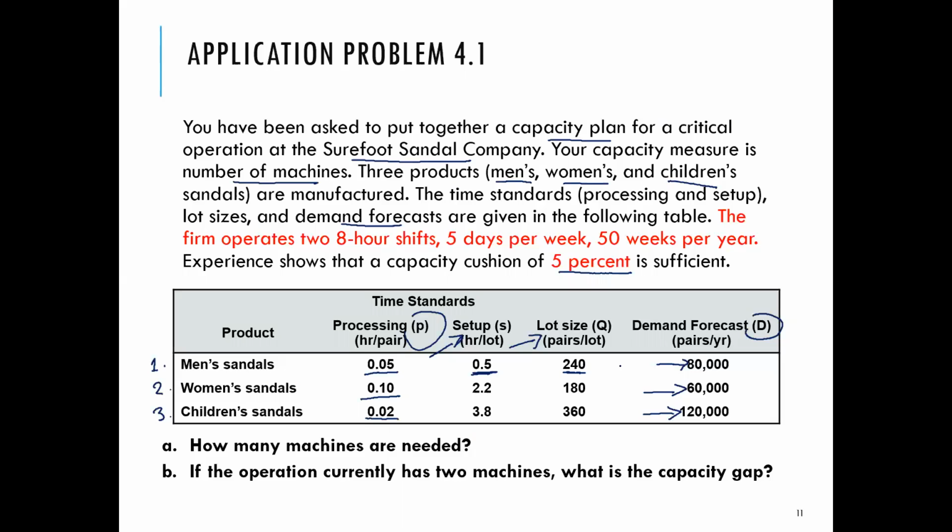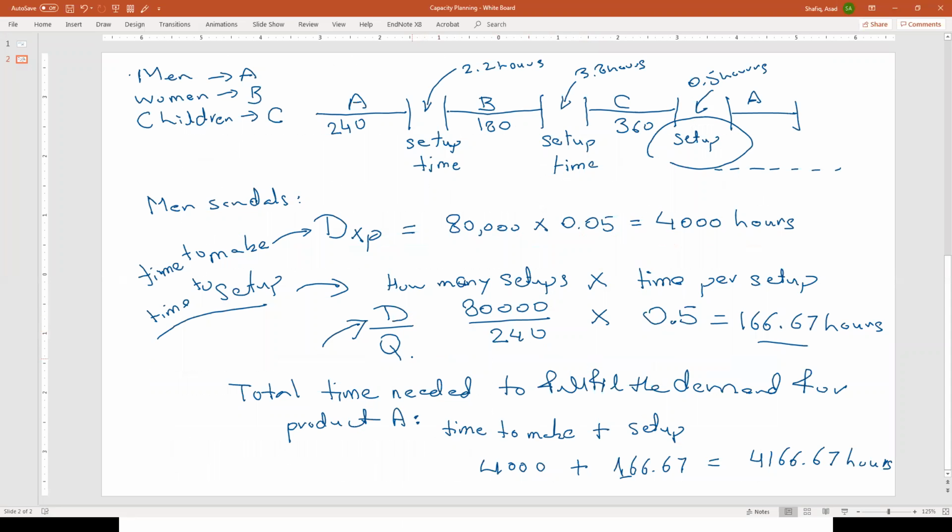And we'll keep on adding 240, 240 till we reach 80,000. So the number of times we make this product is equal to the number of times we will be setting up the machine for this product. That is why 80,000 divided by 240 gives us the number of setups needed, and that is why we use D by Q, the total demand divided by the lot size, as the ratio that gives us the number of setups needed.